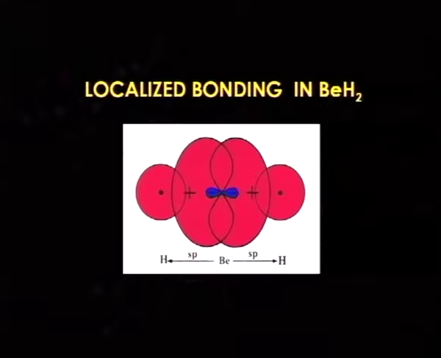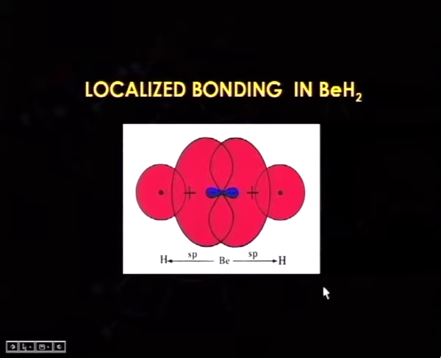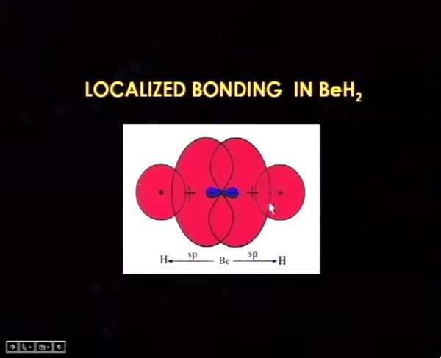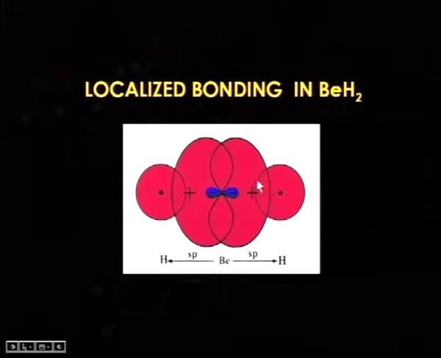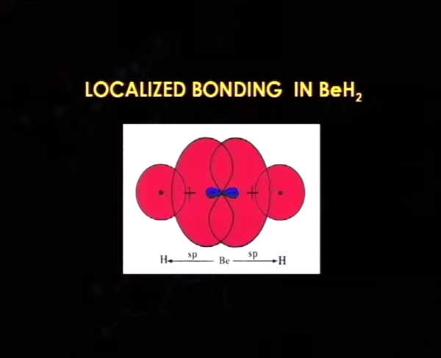As we can see here, in the beryllium hydride molecule, the 1s orbital of the hydrogen atom is overlapping with the sp hybrid atomic orbital of the beryllium, and in this way a sigma bond is formed, and the electrons present in this orbital remain localized here only. So, it is the case of localized bonding.